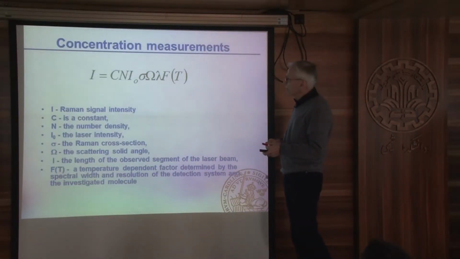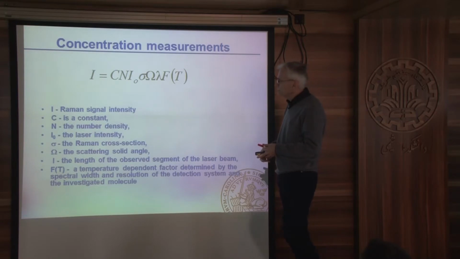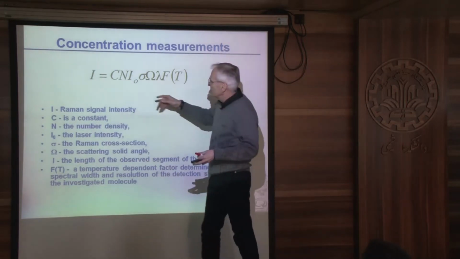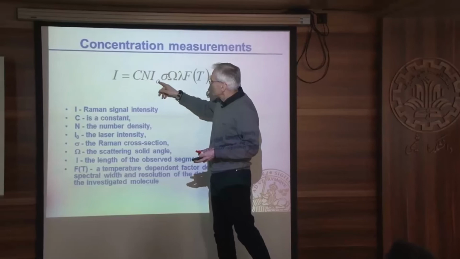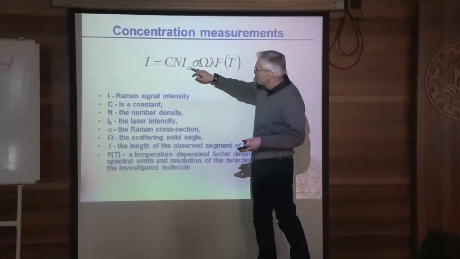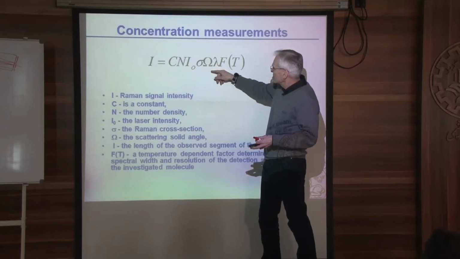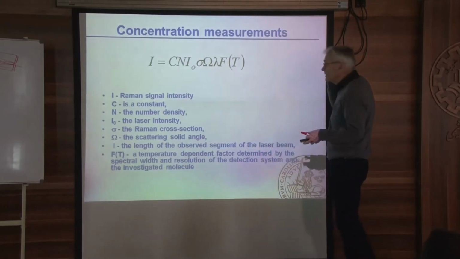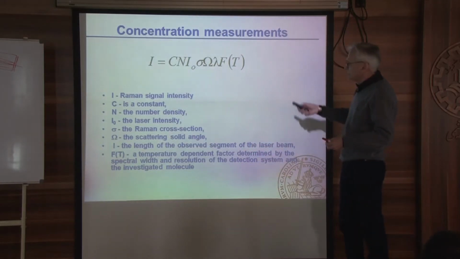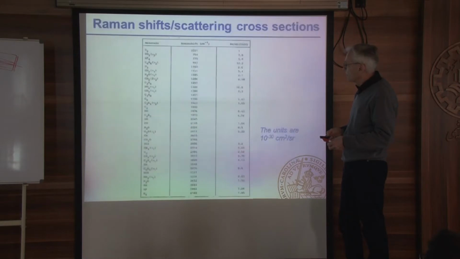So this is also a pretty simple formula. You have the number density, laser intensity, cross-section, detection angle, and a constant. Essentially, you have everything that you can measure.